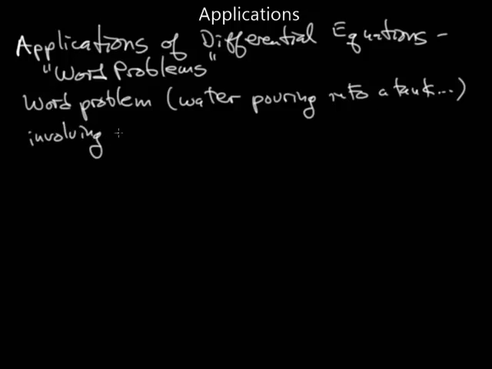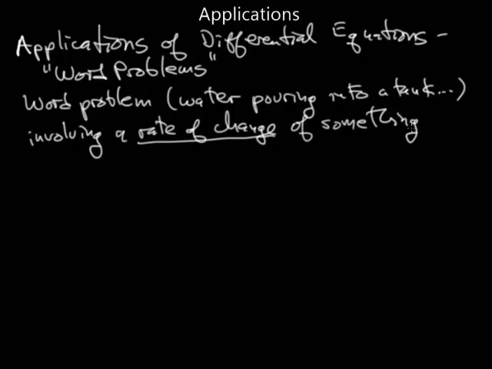For example, water going into a tank, the amount of water or the amount of salt in the water in our example. And we're interested in the rate of change of something. And the word rate there is a big tip-off because that involves derivatives. And since it involves derivatives, the equations describing such a system are going to be differential equations.